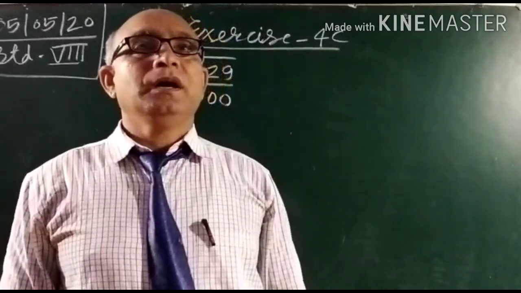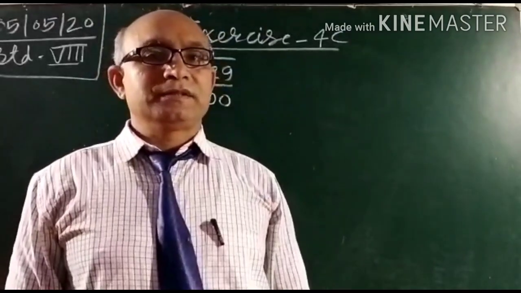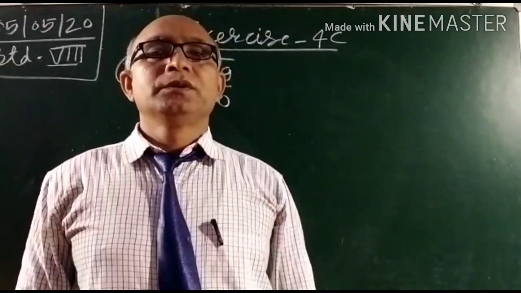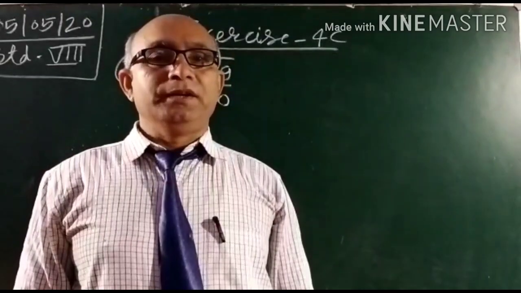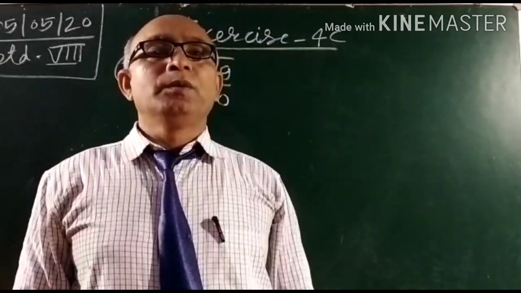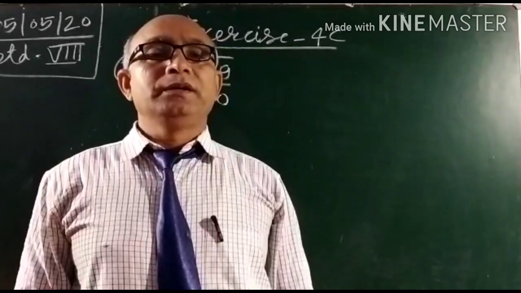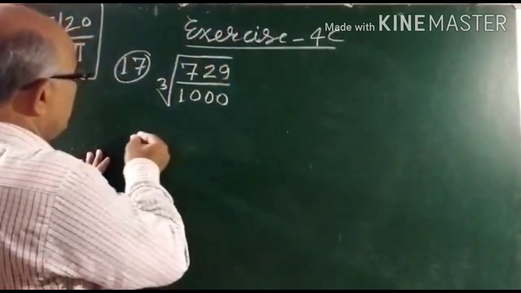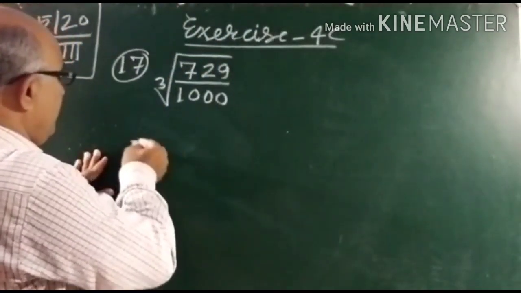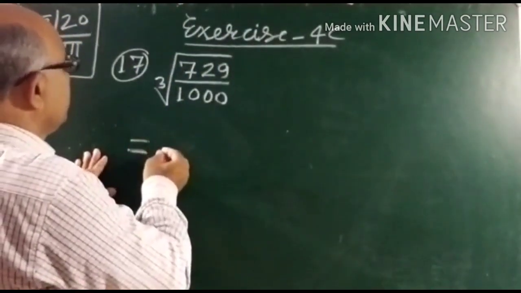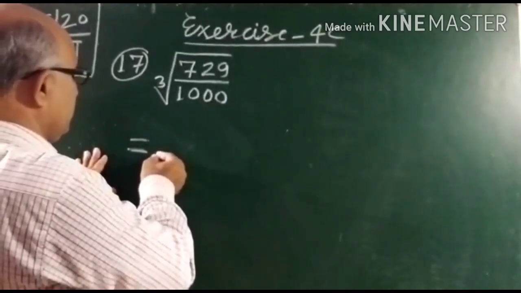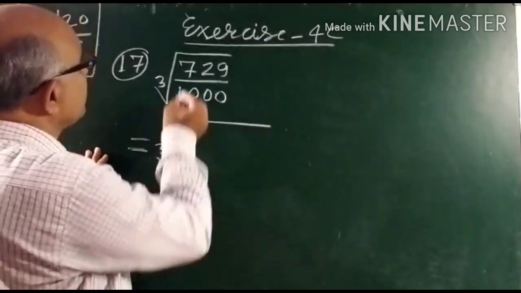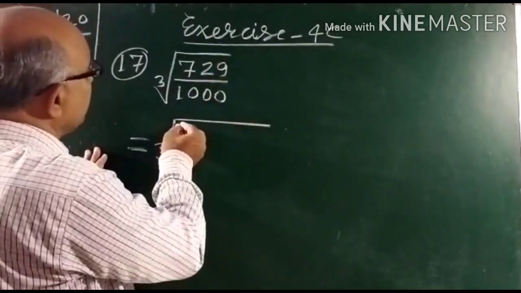Now I am continuing exercise 4C. One question, write on this board. Question number 17. Cube root of 729 by 1000. So by prime factorization method, write prime factors of 729.